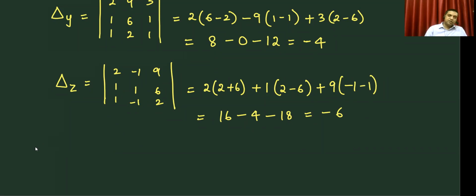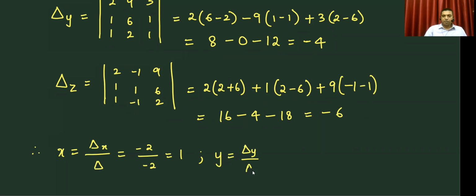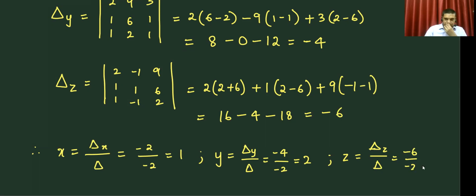All right. Therefore, x is delta x by delta, minus 2 upon minus 2, which is 1. y is delta y upon delta, which is minus 4 upon minus 2, which is 2. z is delta z upon delta, minus 6 upon minus 2, which is 3.